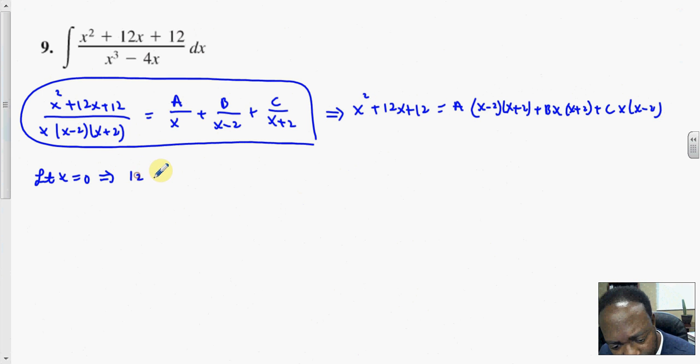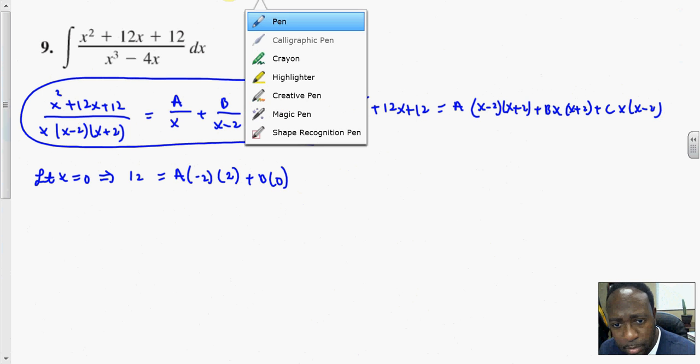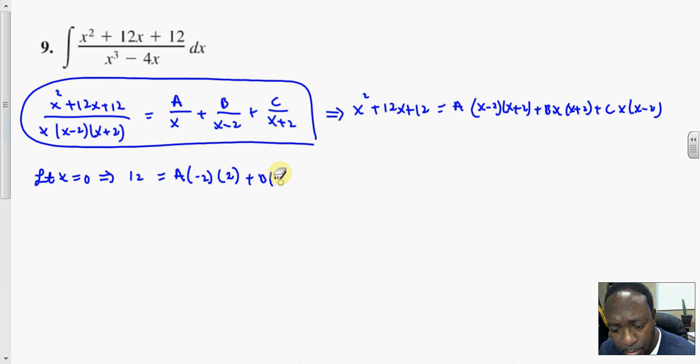So the left side, I have 12 is equal to a times negative 2 times positive 2, plus b times 0, plus here c times x is 0.